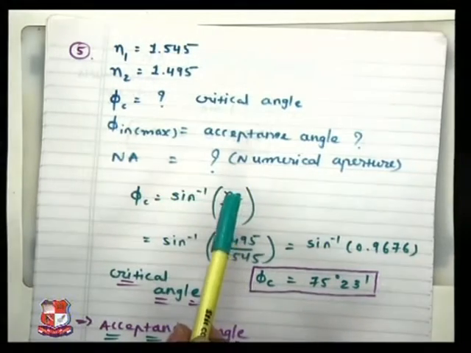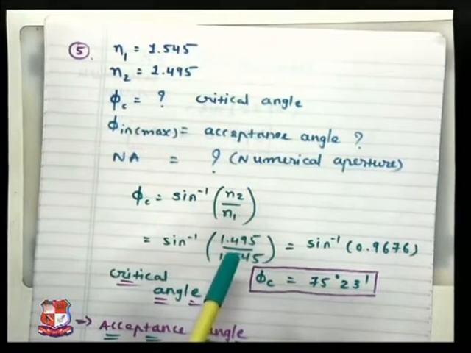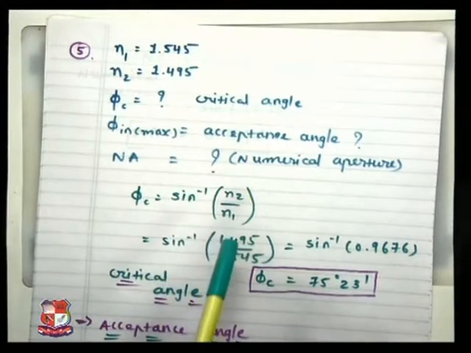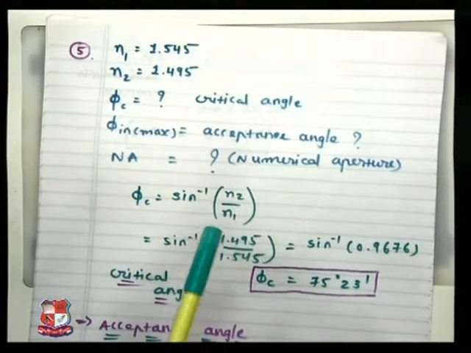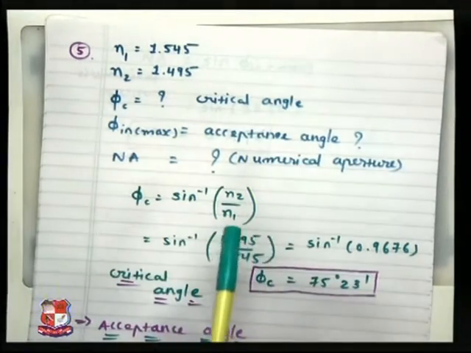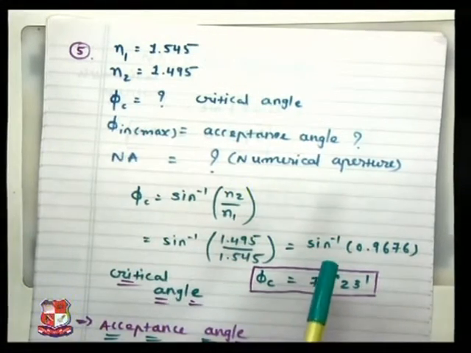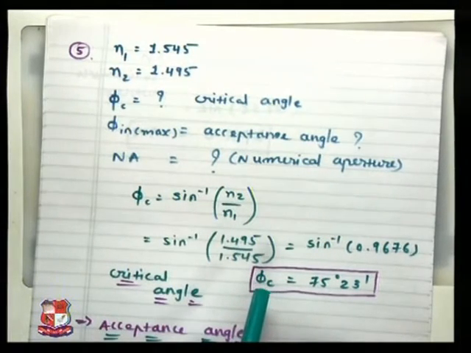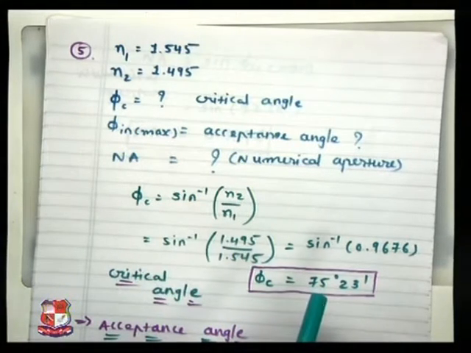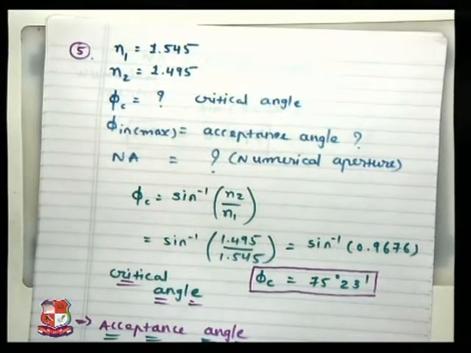By substituting the values of eta 2 and eta 1, we can get the value of phi C. 1.495 is the value of eta 2 and 1.545 in the denominator is the value of eta 1, that is the refractive index of core. By dividing this term and taking the sine inverse of that term, we obtain the value of the angle which is called the critical angle. We have obtained the value of critical angle as 75 degree and 23 minutes.